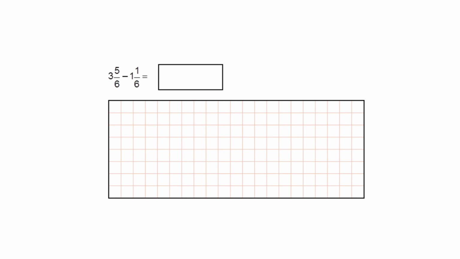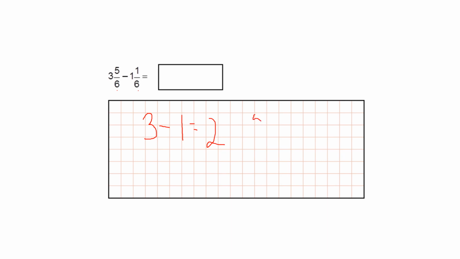Now this is where it gets a little bit trickier, but luckily on first glance I've got two denominators that are the same. When I get a question like this, if the two denominators are the same, I can work in two separate entities. So I can do 3, take away 1, which equals 2. And then I can work with my fractions.